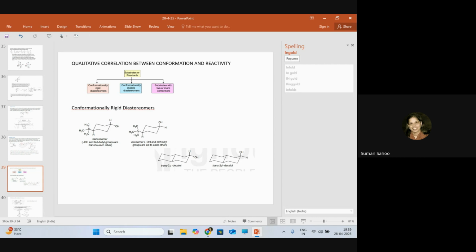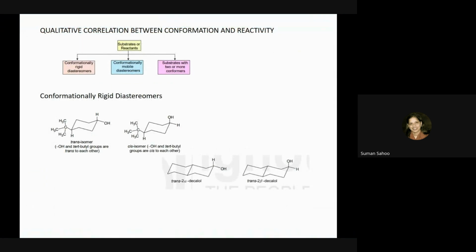For example, in this cis isomer, oh sorry, I have not done it in the slideshow mode. So these two isomers, that is 4-tertiary butyl cyclohexanol. In that case, these two diastereomers are conformationally rigid.